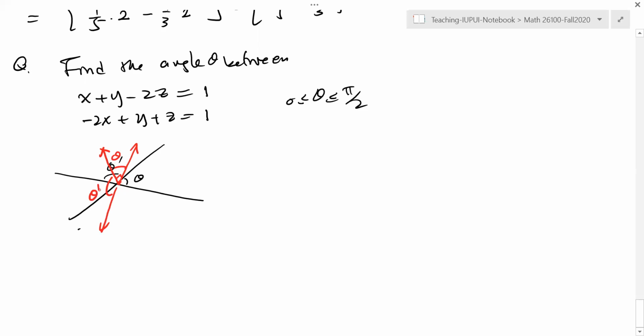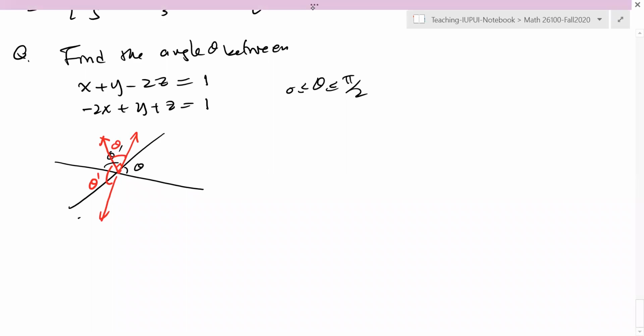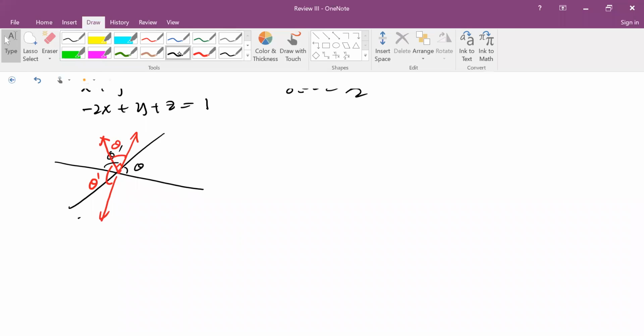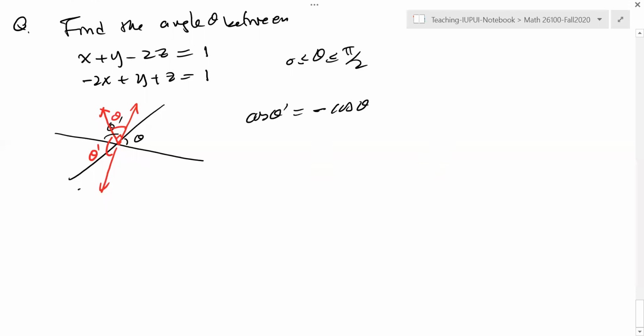So it's possible you don't know which two normal vectors form an angle between 0 and pi/2. The relationship between cosine theta and cosine of theta prime is that one is the negative of the other. So if you get a negative value, you can still get the positive value. That's the relationship.